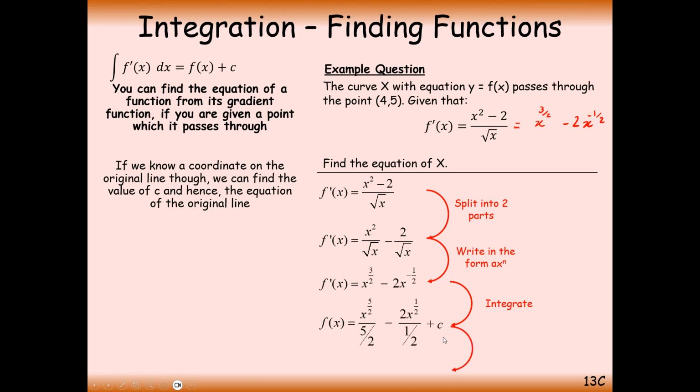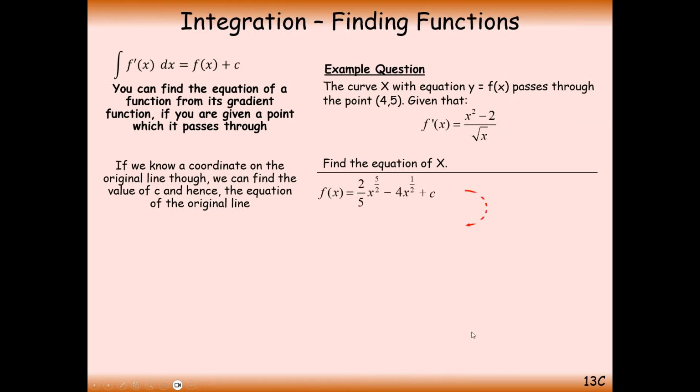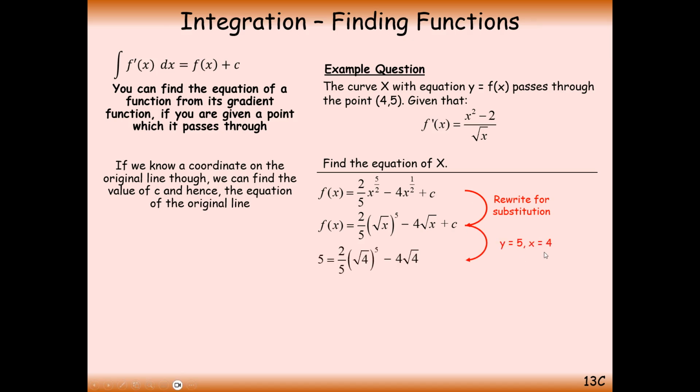And we write c. Now we substitute 4 for x in this expression and 5 for f of x, to calculate the value of c. So we substitute x equal to 4 and y equal to 5, and solve this expression for c.